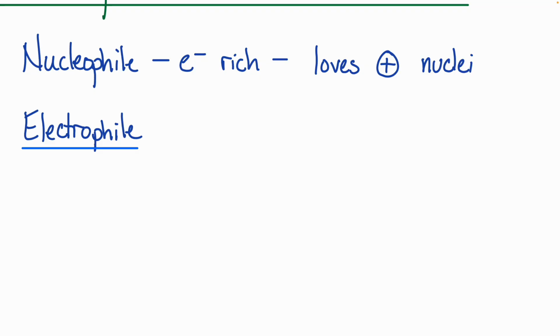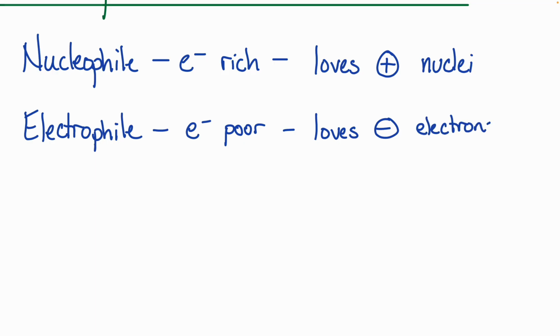Our electrophile is relatively electron poor. And because it's electron poor, it loves those negatively charged electrons. Chemical reactions occur because our nucleophiles, quote unquote, attack electrophiles.